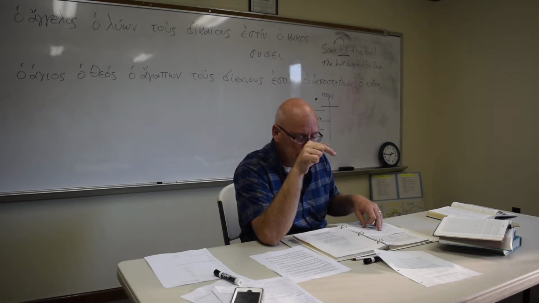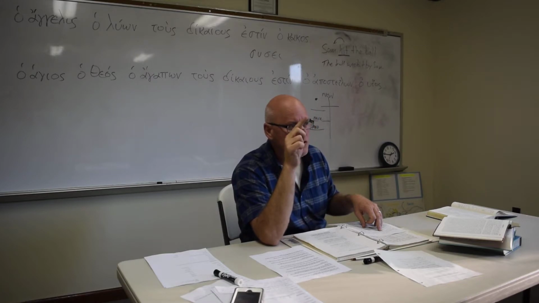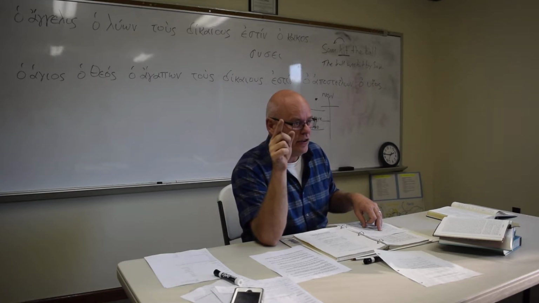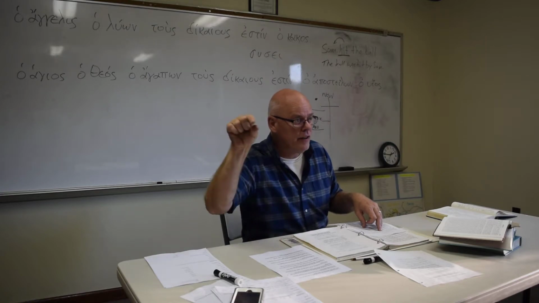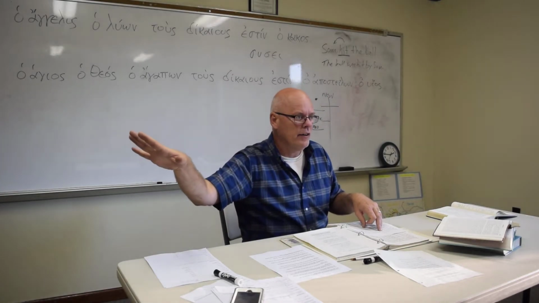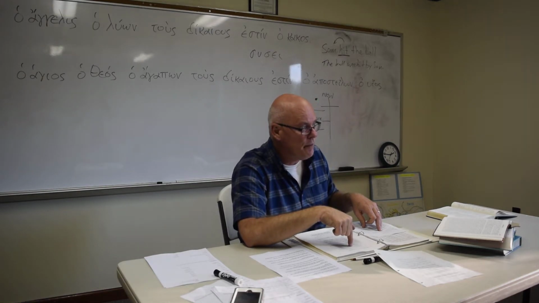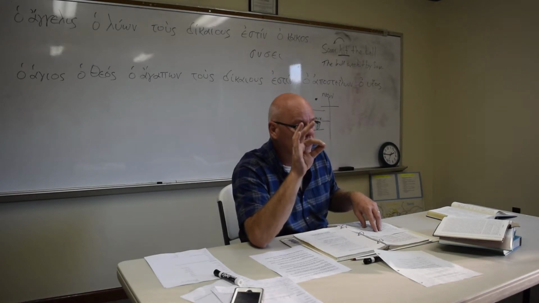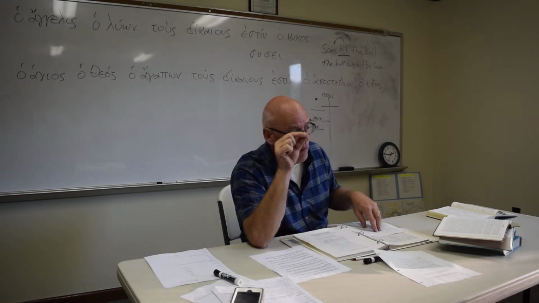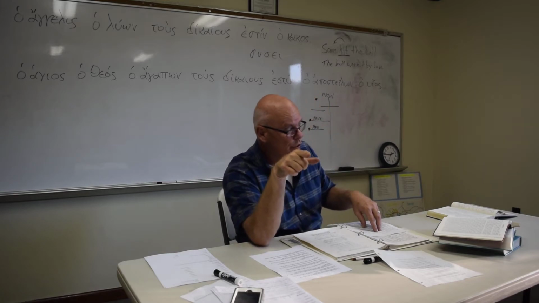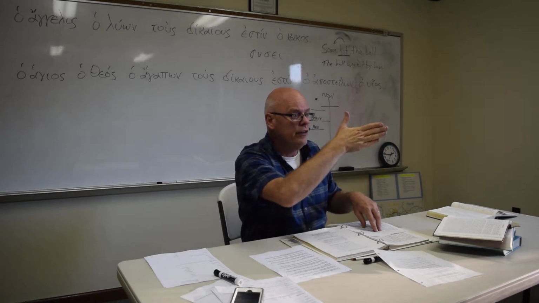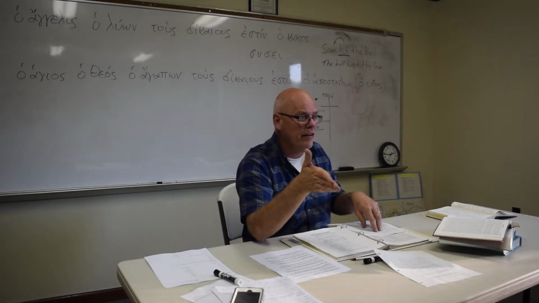Now you say, well, what's the difference? Because remember, neuter is your omicron declension. Forget about the omicron declension. That does not apply in your middle and passive participles. It's just the second declension. And the second declension ending of a participle can be either masculine or neuter, depending on the noun that it modifies.